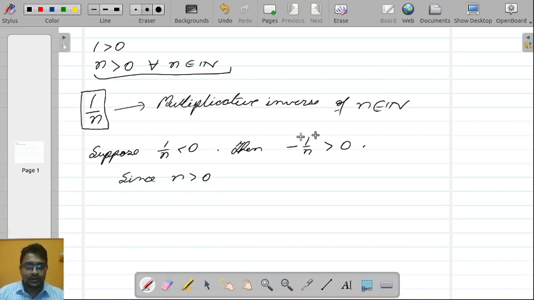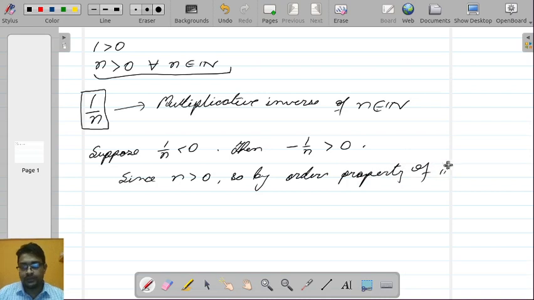So by the order property, the product of these two, n into minus 1 by n, has to be greater than 0.